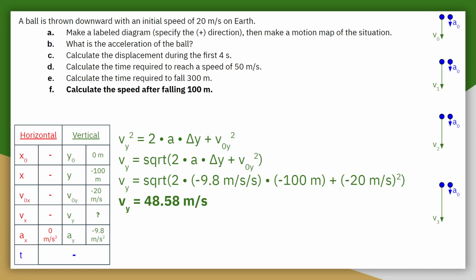And then solving for that will give us plus or minus 48.58 meters per second. If we were to solve for the velocity here, with our frame of reference where we're saying down is negative, this would be negative 48.58 meters per second. However, because part F is asking us to calculate the speed, we'll just go with the positive term, the absolute value of the velocity here.